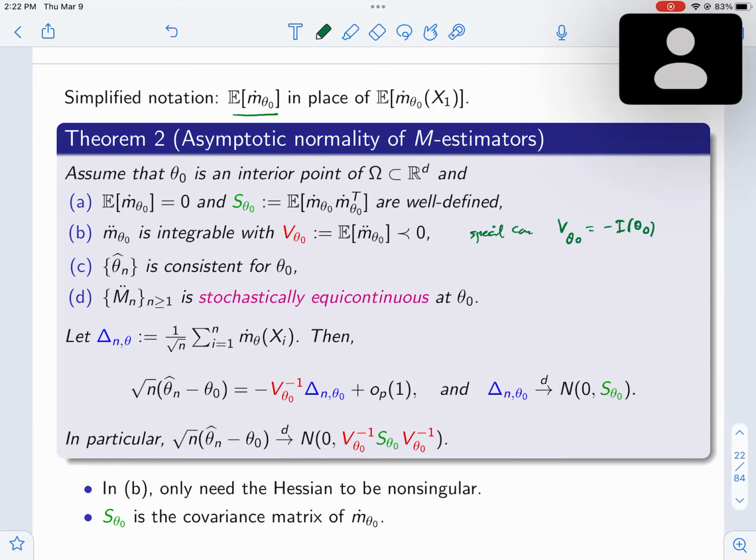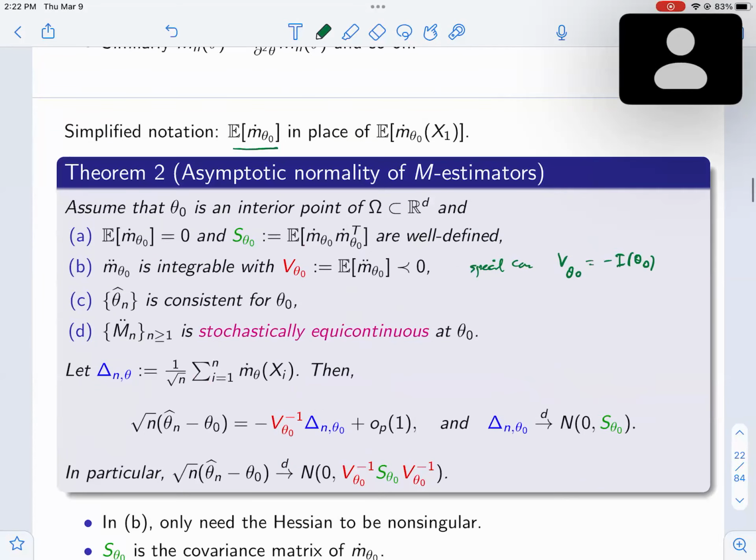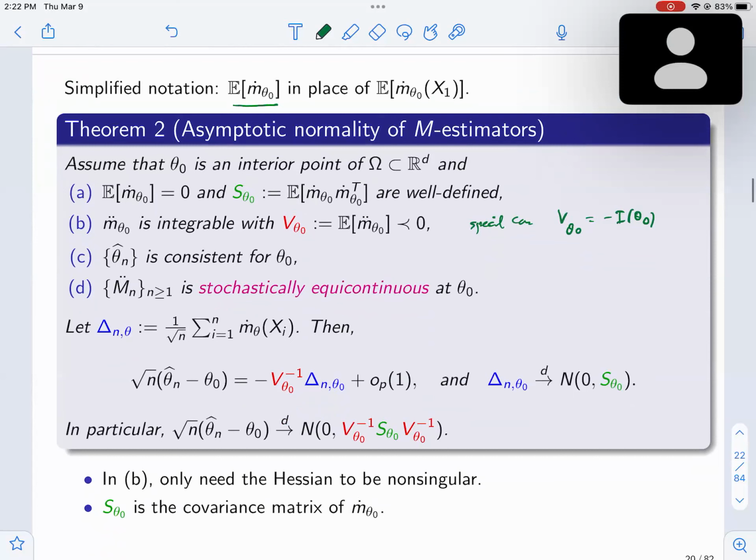So you have to establish consistency of the M estimator by other means. You had a result that does that, so you assume that. And then the last one is that the sequence of second derivatives is stochastically equicontinuous at theta naught. This is the main technical condition that allows us to simplify a critical term in the proof.